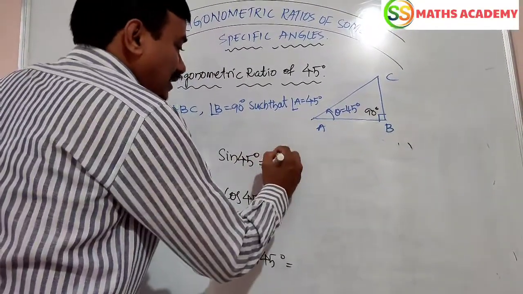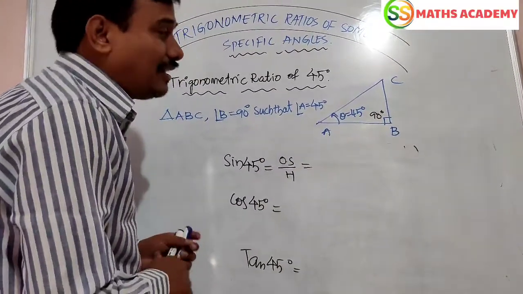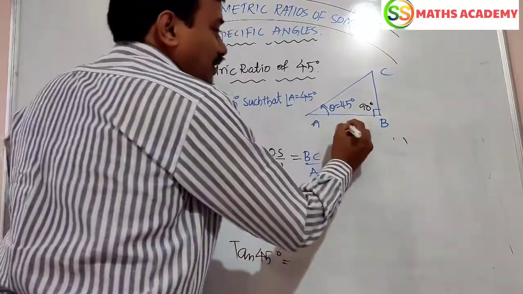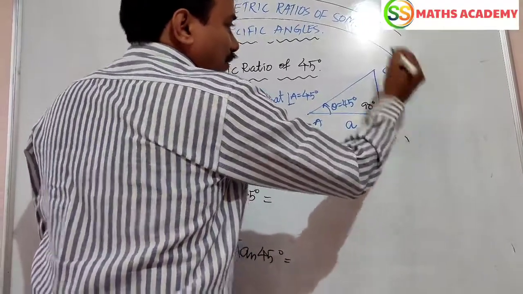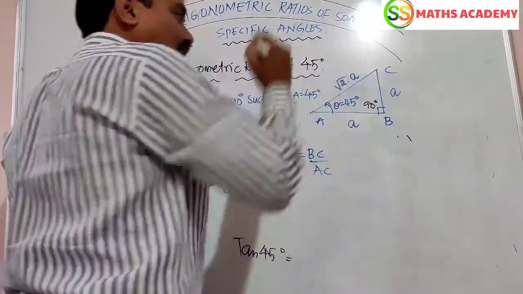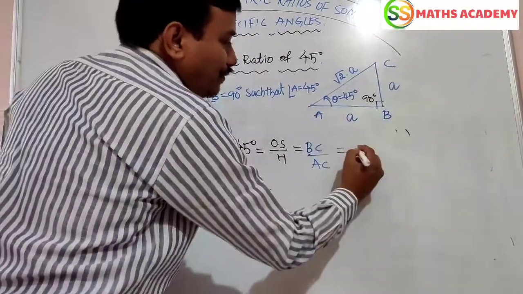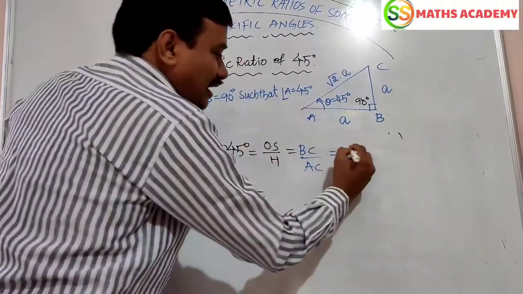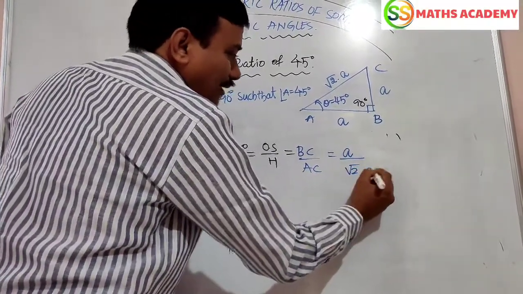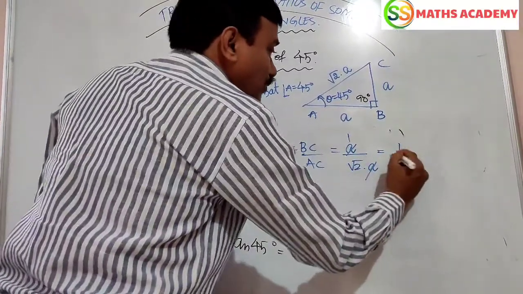Sin theta is opposite side by hypotenuse. From the diagram, the opposite side is BC and the hypotenuse is AC. We got AB as a, BC as a, and AC as root 2 a units. Here BC is the length of the opposite side, a units, and the hypotenuse AC is root 2 a. The a cancels, giving numerator 1, denominator root 2, so 1 by root 2.